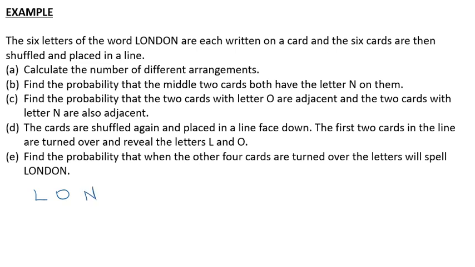Part A is easy enough. All we need to do is to calculate the number of ways of arranging these letters. So we count the letters 1, 2, 3, 4, 5, 6. So that's 6 factorial.